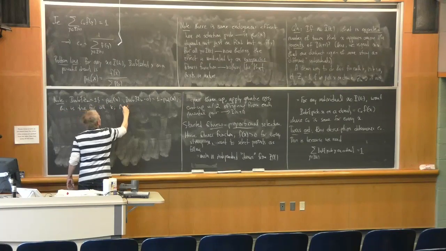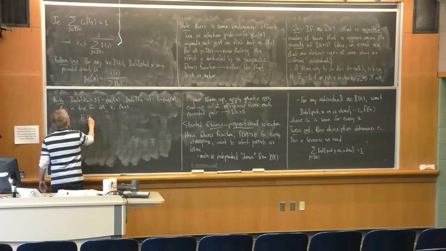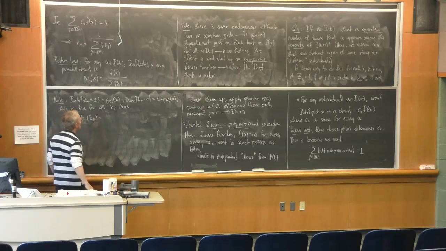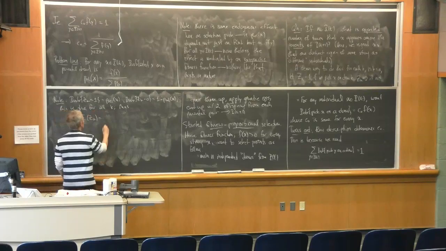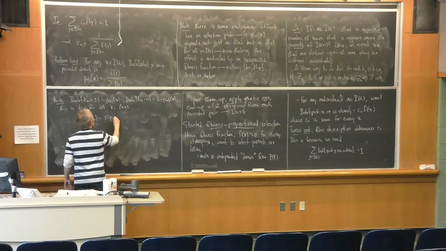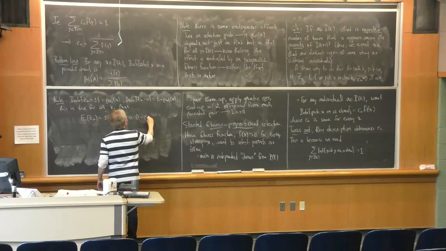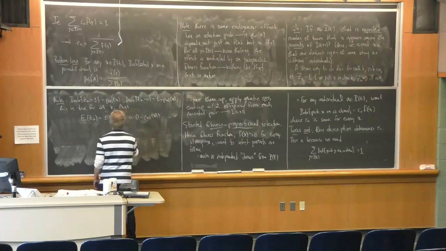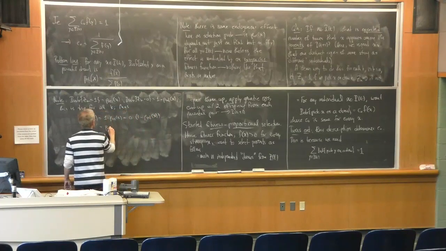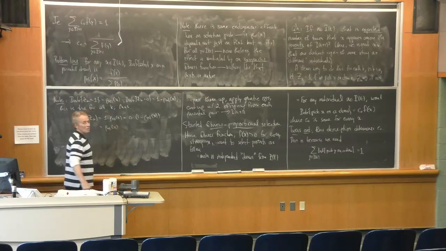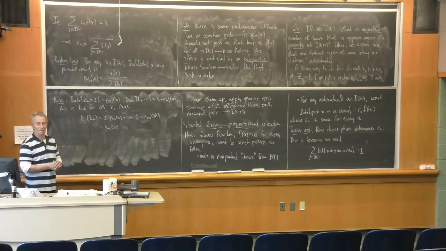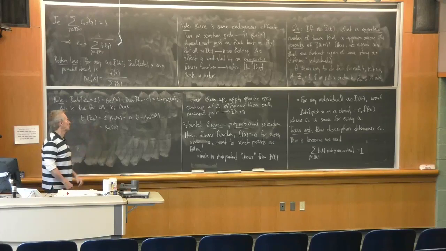Thus the expected value of Zk is equal to 1 times p_sel of x plus 0 times 1 minus p_sel of x, which is equal to just p_sel of x. Okay? That's the expected value of a Bernoulli p_sel of x random variable.